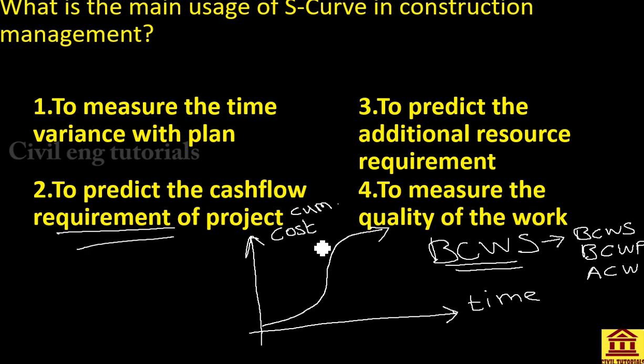Using this BCWS graph, which is the S-curve, we can predict what our expenditures are going to be in the coming days. Say this is today, so we can predict how this pattern is going to go on in the coming days. So the main usage of the S-curve is to predict the cash flow requirement of the project.